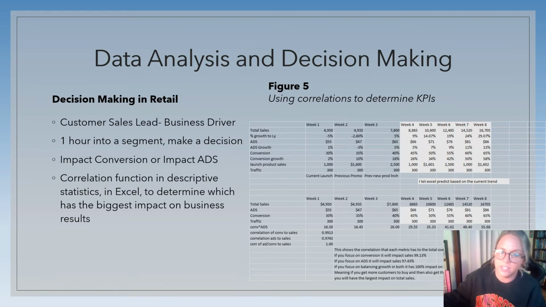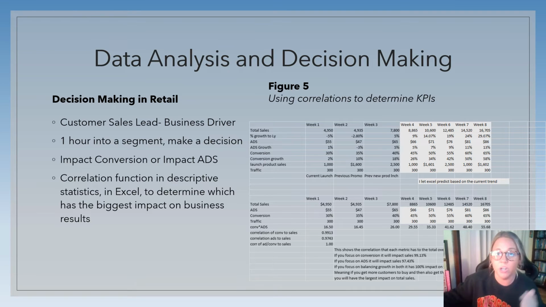So here we come back to the data from earlier. This data is used for a manager in retail to make a decision. So for example, say it's halfway through a Monday and the store is not hitting their forecasted sales. So the manager has to make a business decision to impact profits, correct?